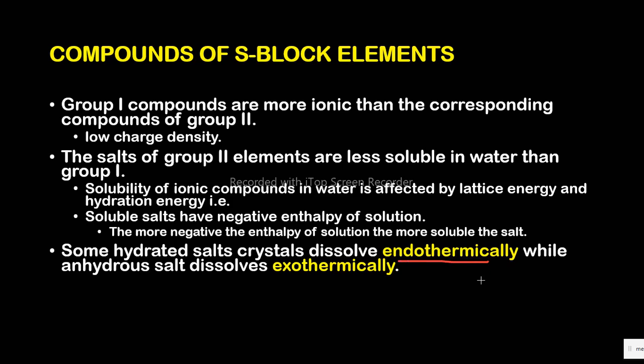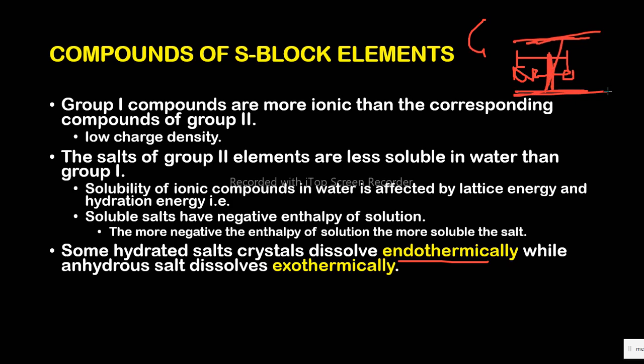But if the salt has less lattice energy, for example the group 1 elements, they have a large size, okay? So the ionic bond in the crystal lattice, maybe if it is sodium and chloride, the bond won't be that strong, so you can easily break that bond, okay?